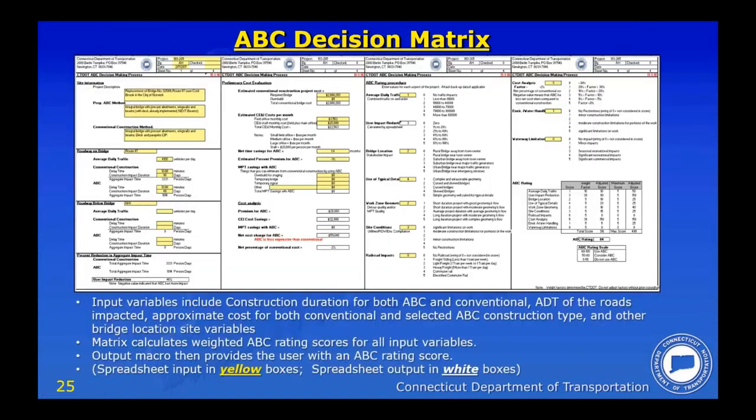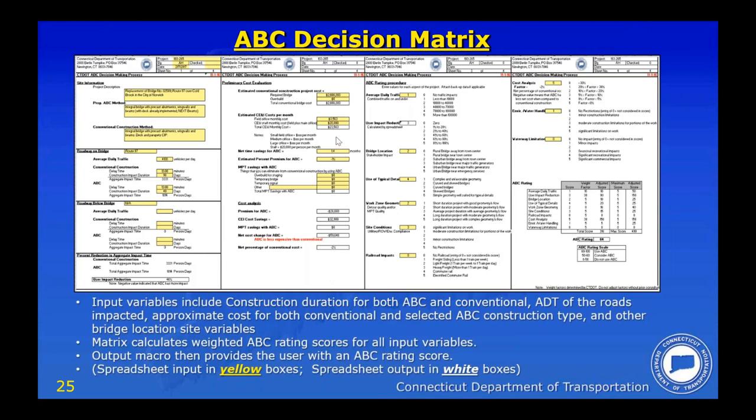And this is an example of this 4-sheet spreadsheet as a whole. The user impact portion of this spreadsheet, Mike is going to discuss in much more detail in the following presentation, going through some supplementary spreadsheets we developed to compute delay time for the ABC versus conventional alternatives.